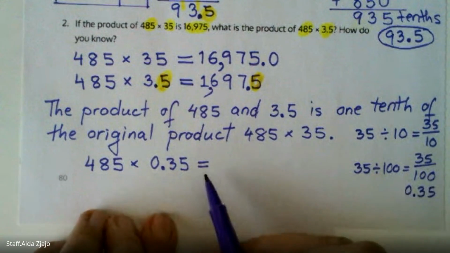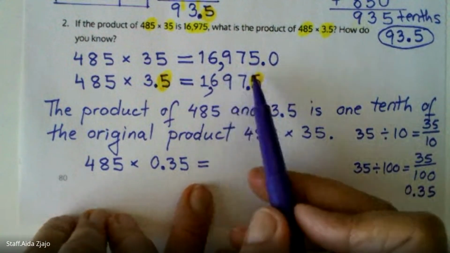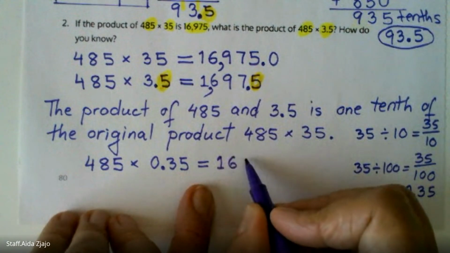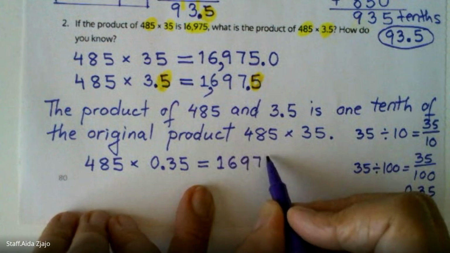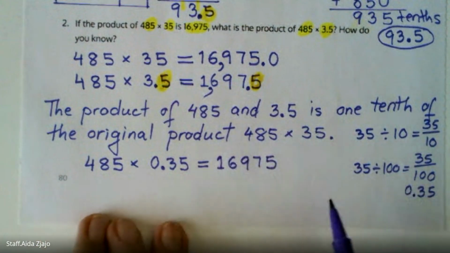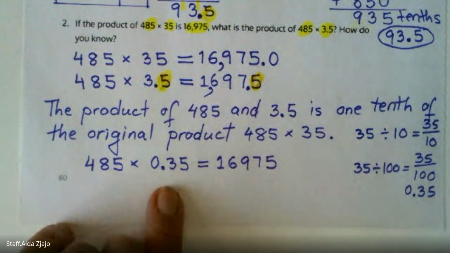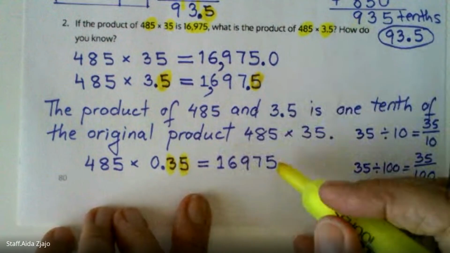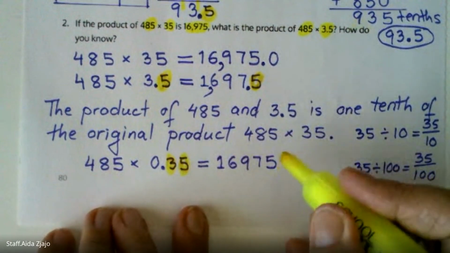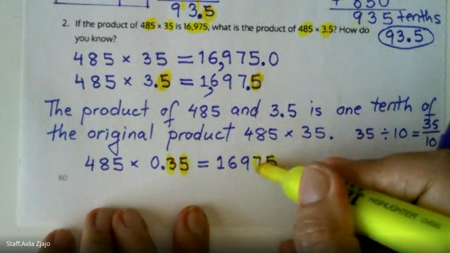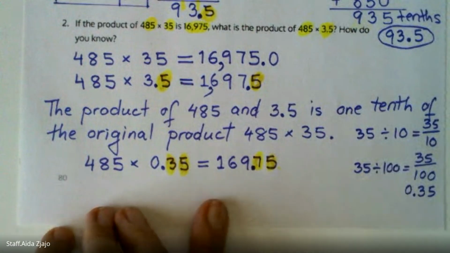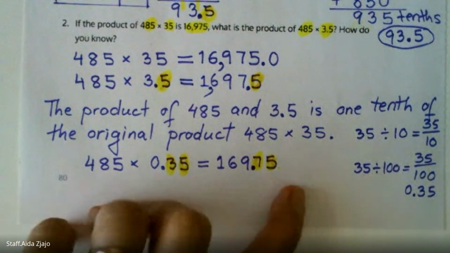So the answer is going to be the same digits, 1, 6, 9, 7, 5, but it will show hundredths, divided by 100. The decimal is not going to be at the end. It will show the hundredths, and that will be 169 and 75 hundredths.